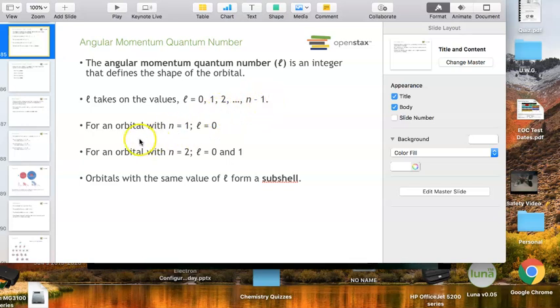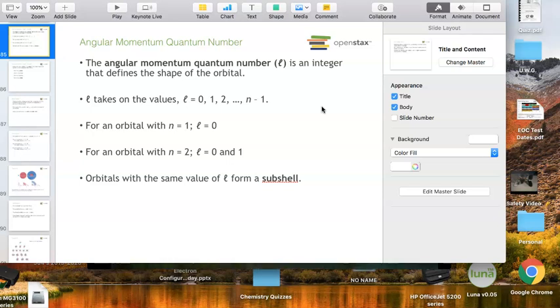For an orbital with n equal to 1, L is going to be n minus 1, or 1 minus 1, which is 0. For an orbital with n equal to 2, L is going to be 2 minus 1, which is 1, and then you go back to 0 as well. So it's always going to be n minus 1, and then you list the numbers including 0. You go down to 0, and don't go past 0.